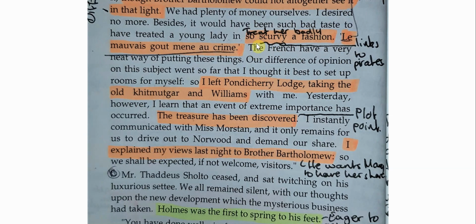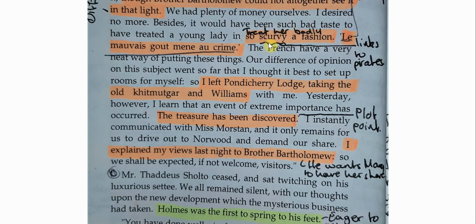And hopefully you should know what scurvy is. When pirates and sailors would be on the sea for a very long time, they didn't get any fresh vegetables or fruit, they would get this condition called scurvy. So talking about so scurvy a fashion and using that word from the lexicon or the semantic field of piracy, he feels it would be theft to not give her this stuff.